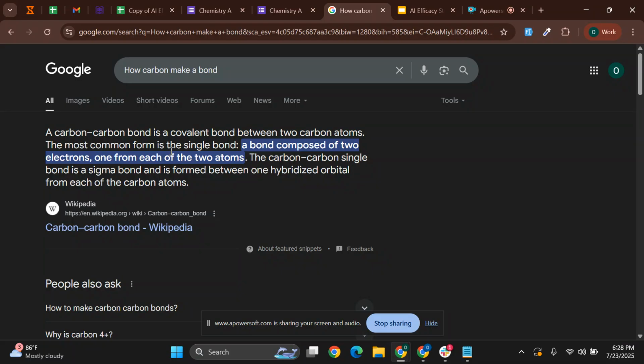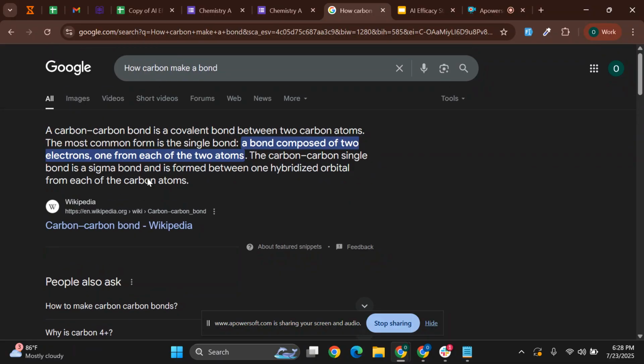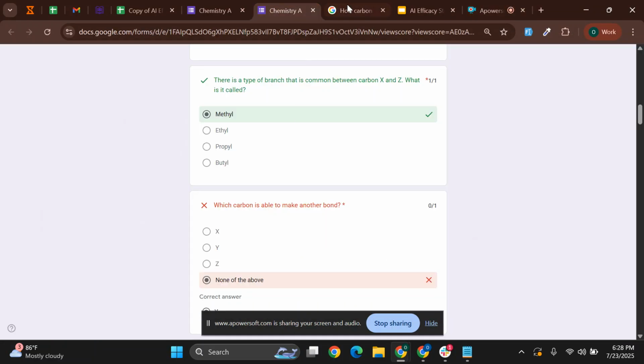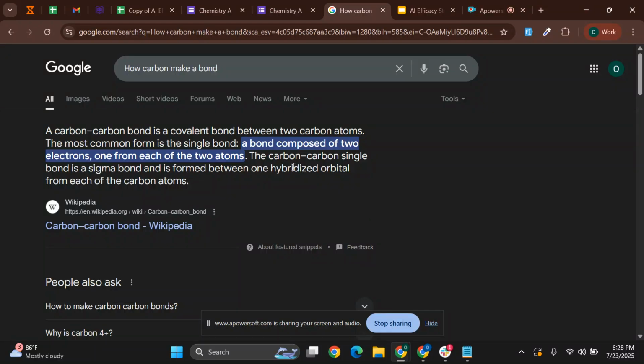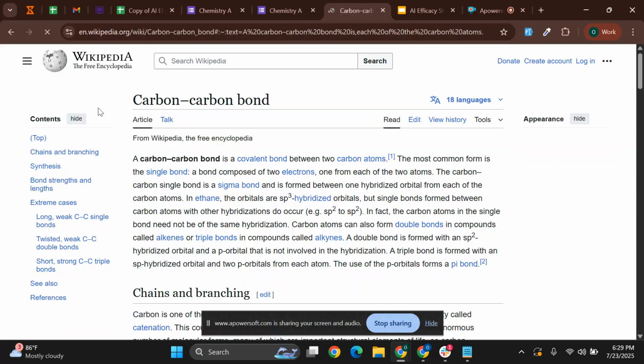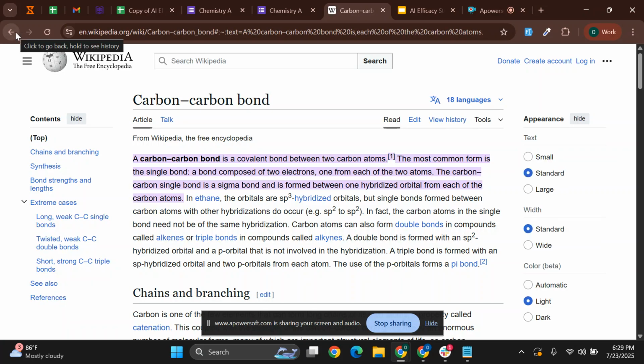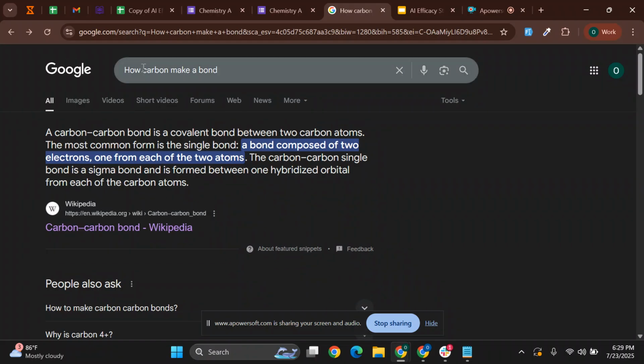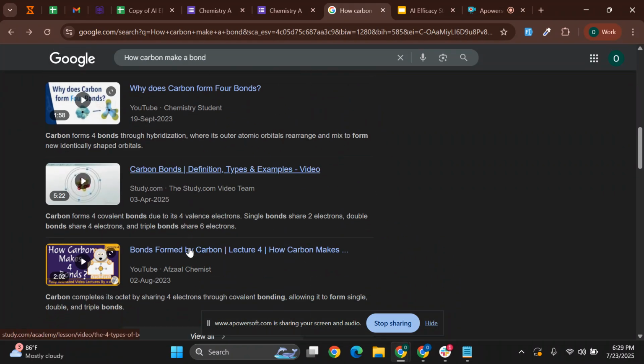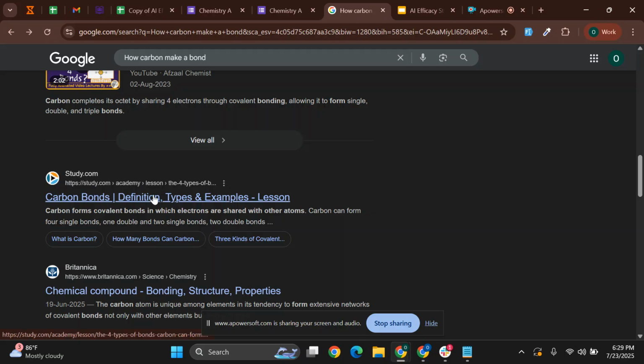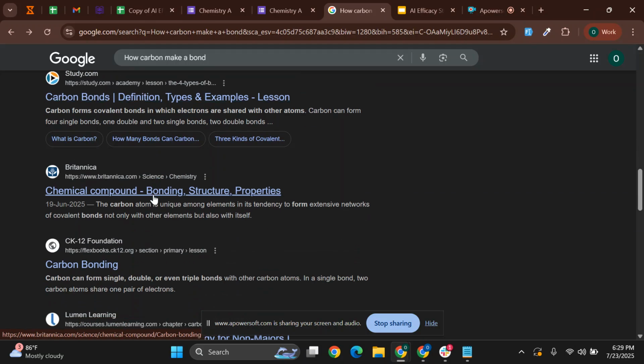The carbon-carbon single bond is a sigma bond and is formed between one hybridized orbital, sorry, unhybridized orbital from each of the carbon atoms. So this is not a justification of my explanation. I haven't asked about that. Okay, I will go with it.